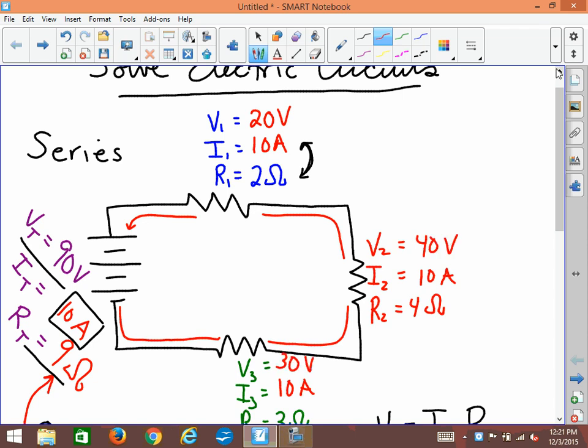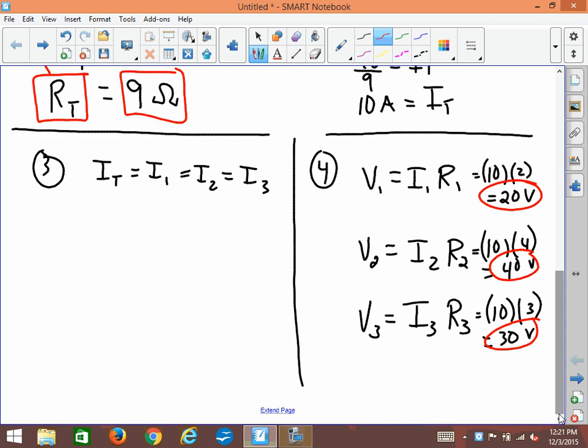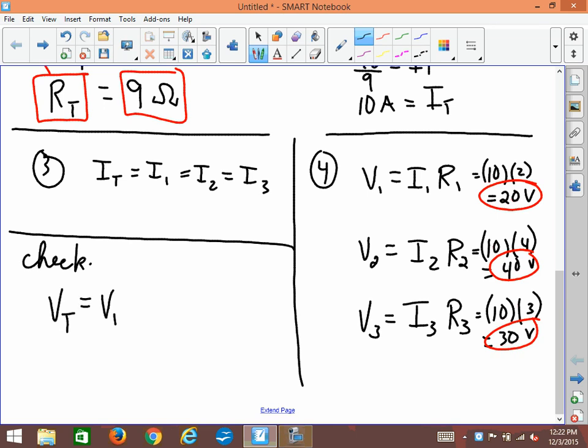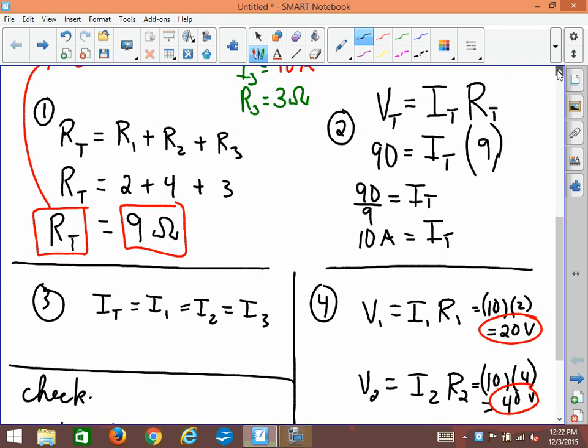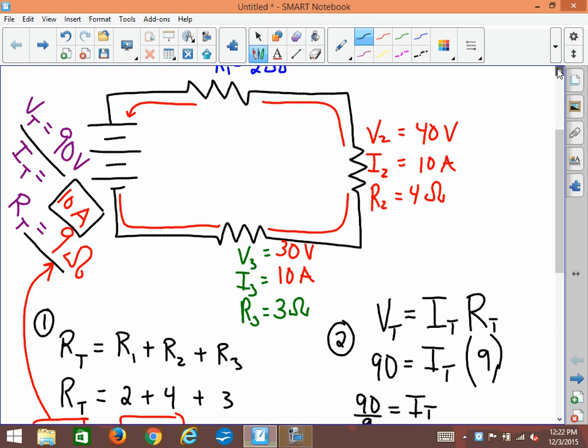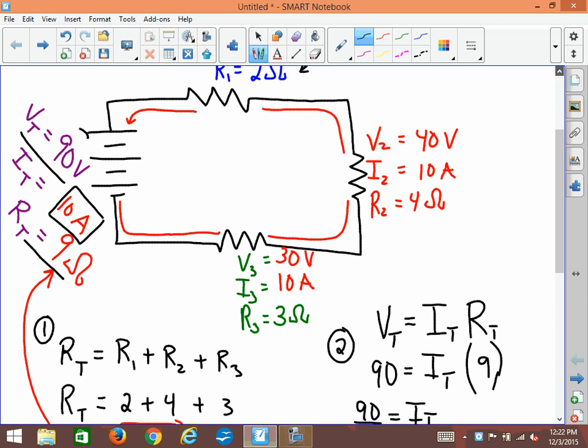Now remember the other thing we can do as a double check. We can check that we're right because there's also a voltage law that says the total voltage is equal to the voltage drop at 1 plus the voltage drop at 2 plus the voltage drop at 3. And I just calculated them, 20, 40, and 30. But the total voltage was told to me at the start of the question to be 90. Here it is, right here.